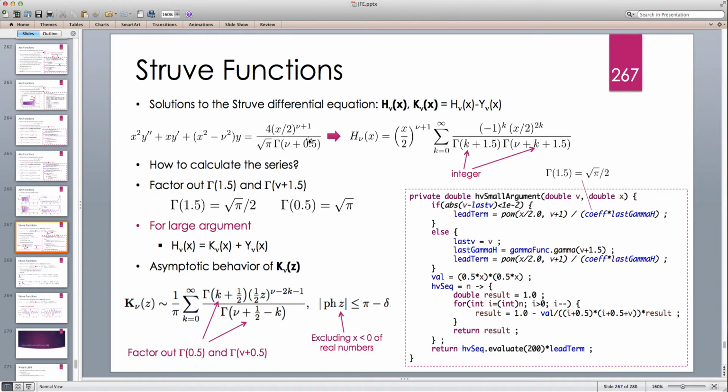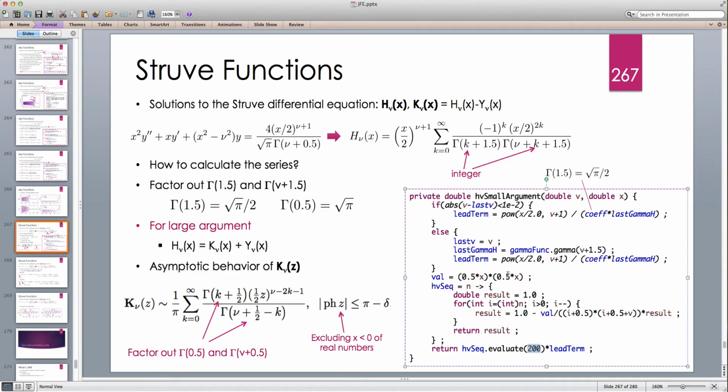Very easy to implement because, again, most of these special functions come from this wave equation, like Bessel functions, modified Bessel functions, and we already have seen how to efficiently implement these. Definitely not trying to evaluate the gamma function for each term, because it has 2 evaluations of the gamma function, and if you are evaluating 200 terms, it's like 400 evaluations of gamma functions.